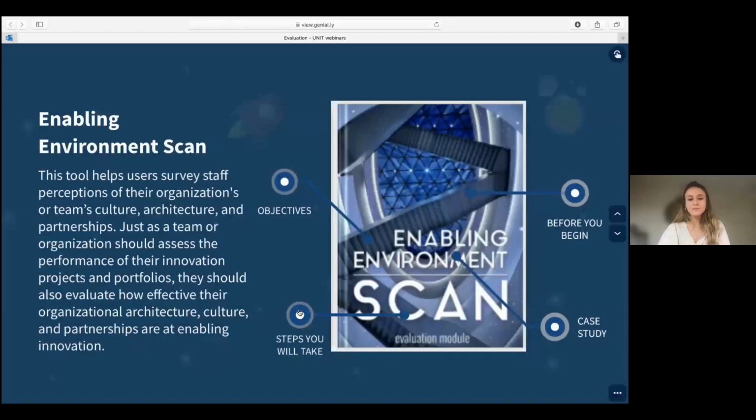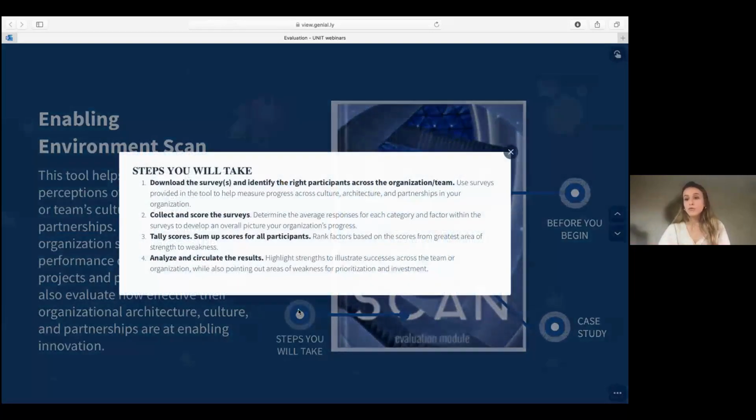And then you will go through 4 different steps. The first step is to download the survey or the surveys and to identify the right participants across the team, across the unit, and across the organization, the target of your specific survey. And then you are encouraged to collect and score the surveys, after which you will have to sum up scores for all participants.